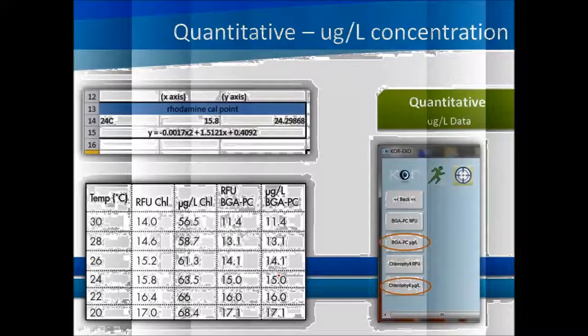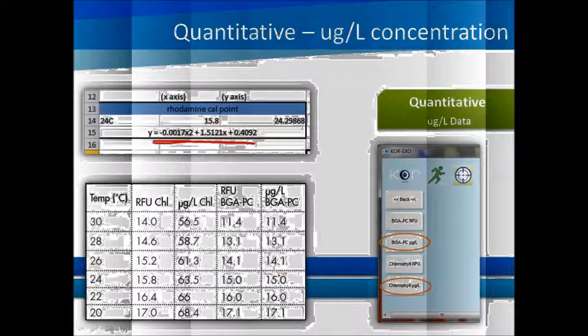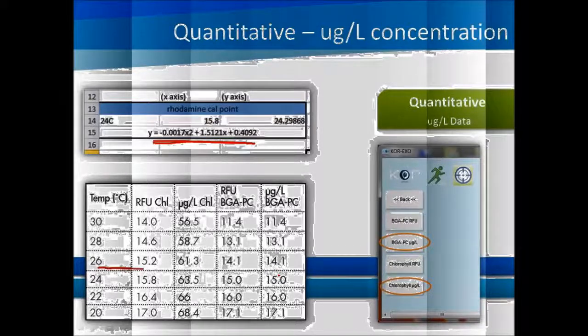So I take the regression line from the previous slide, and I prepare my secondary standard just like I did before, a 0.625 milligram per liter concentration of rhodamine dye. The difference is, instead of using our default microgram per liter value from the manual, I'm going to calculate the microgram per liter value using that regression line.